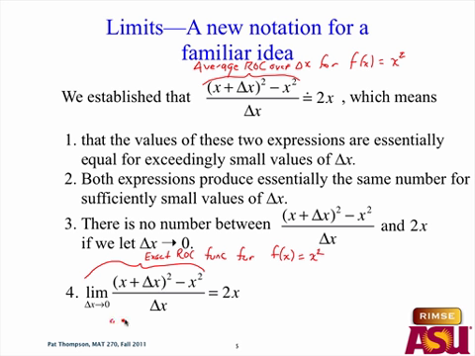This is called open form. It expresses the process it takes to get the exact rate of change function. This is the closed form. The closed form is the type of form where you can spit out answers really fast.